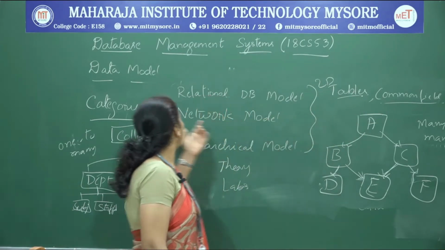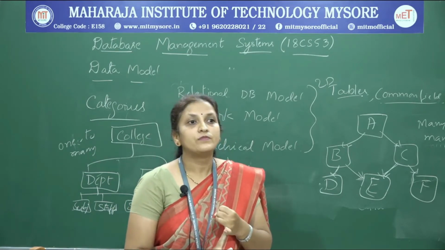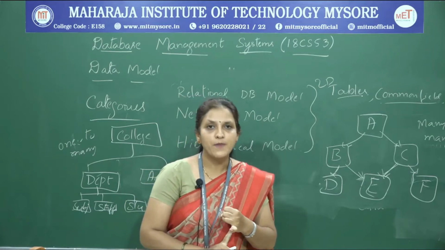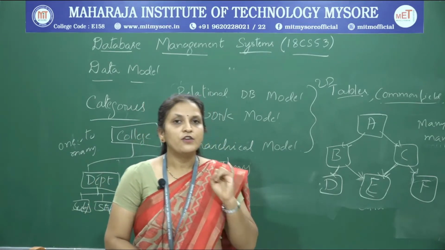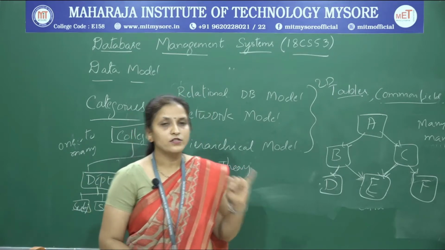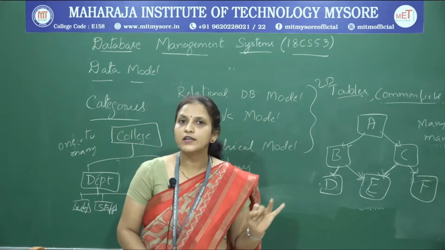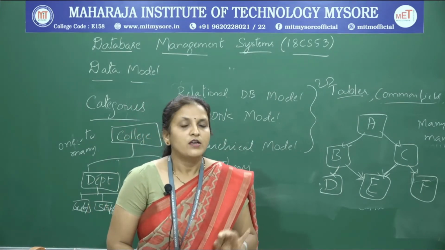So, to conclude, our data models, based on the type of concepts being used to describe the database, are categorized into three main categories. The very first category is the high level or conceptual data model. The second category is the low level or physical data model. The third category is the representational data model.